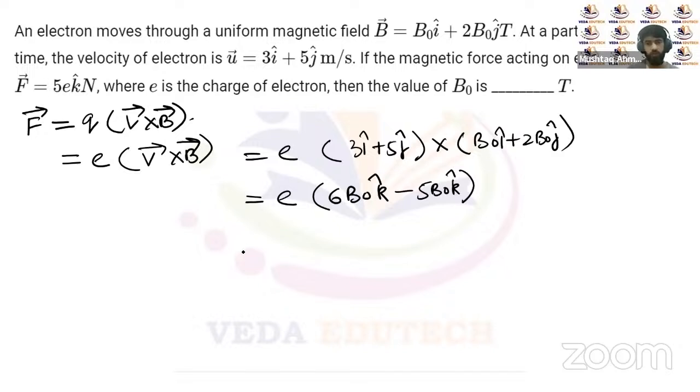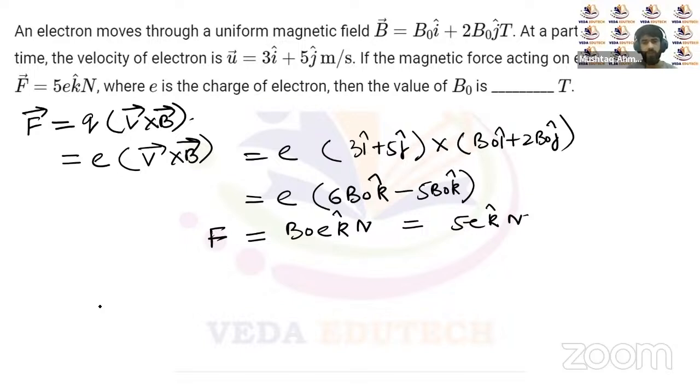So the net magnetic force is B naught e k cap newtons. This is the net magnetic force we calculated, but this magnetic force has been given equal to 5e k cap newtons. So from here we can say that the value of B naught is actually 5.